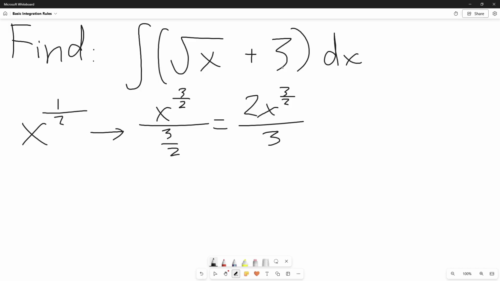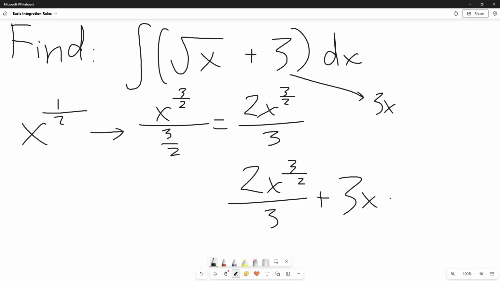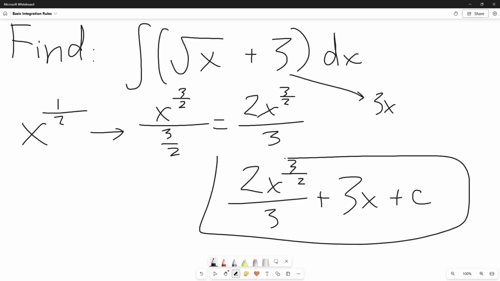And again, the integral of 3, as we learned in our rule, is just going to be 3x plus c. And this should also have a plus c, but we can ignore it for now. And then we combine these, so 2x to the 3 over 2 over 3, plus 3x plus c. And that's our final answer.